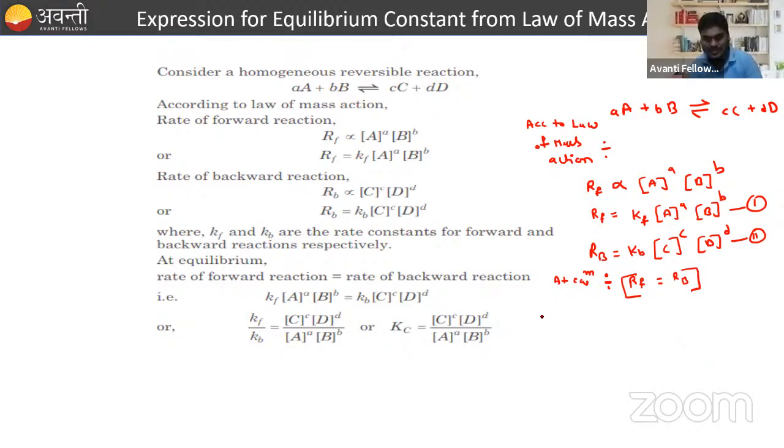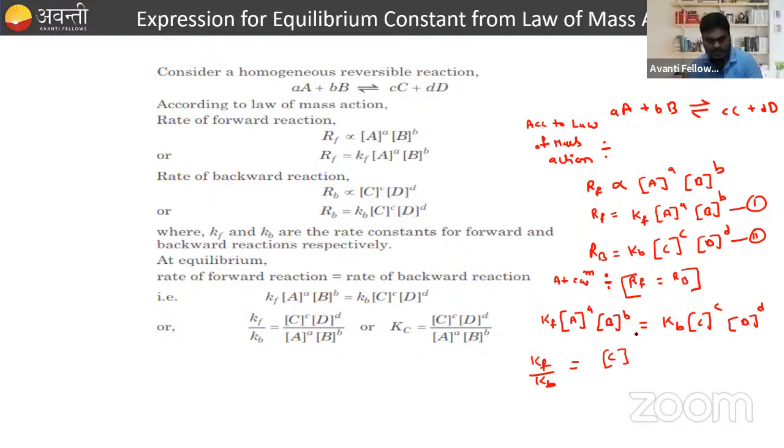So we can write Kf [A]^a [B]^b is equal to Kb [C]^c [D]^d. So we can derive Kf upon Kb. What does Kf upon Kb come out to be?